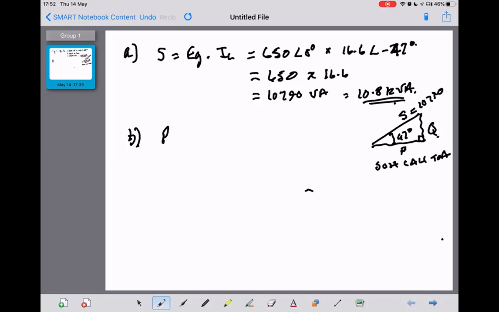Yes. P equals S cos the angle. So that's 10,790 times cosine 47 degrees.